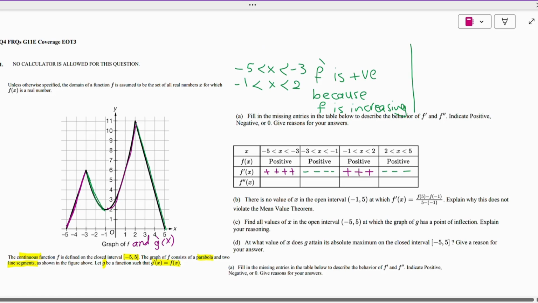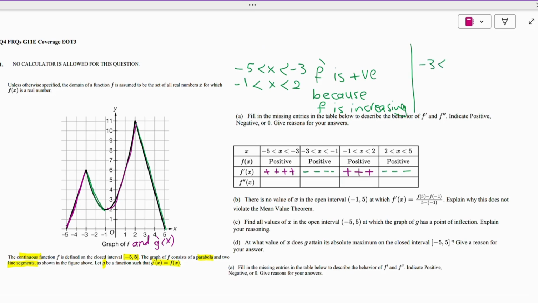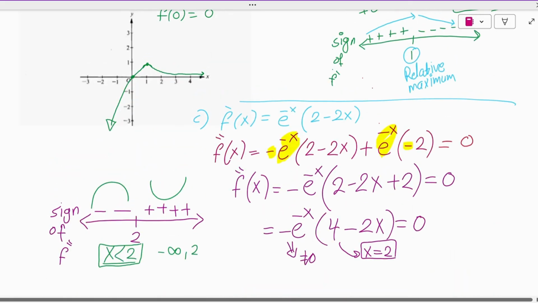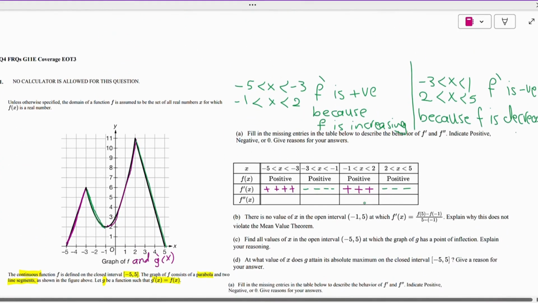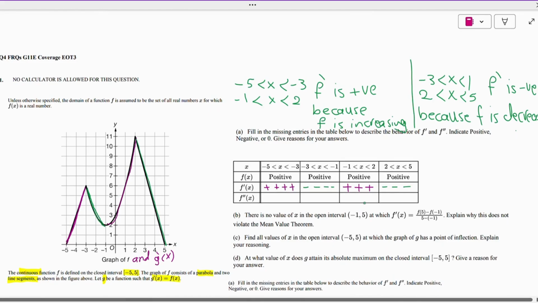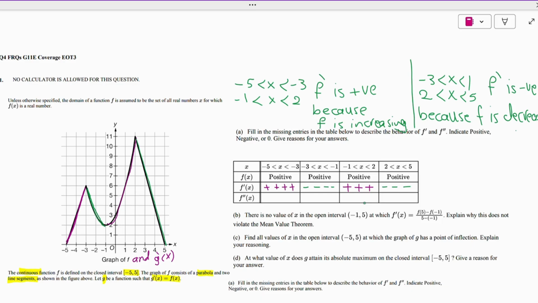For negative, for this interval and the other one, 2 to 5, f prime is negative because f is decreasing. Oops, no, this is question 5. We are here. Because f is decreasing.